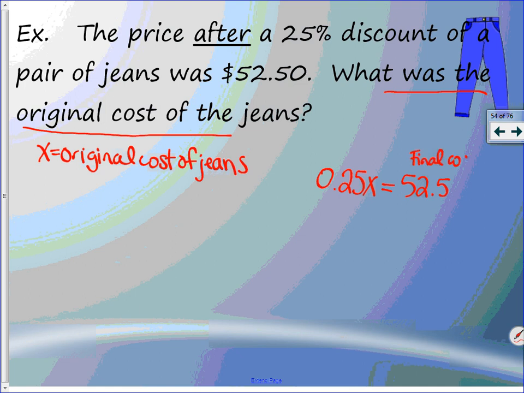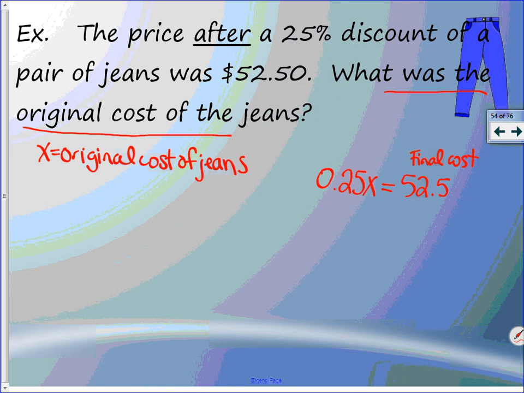So you subtract it to find out from what? From the 210. So you're saying 210 was the original cost? So you subtract it to find what was the discount. So you're saying the discount was like $150? Yeah.